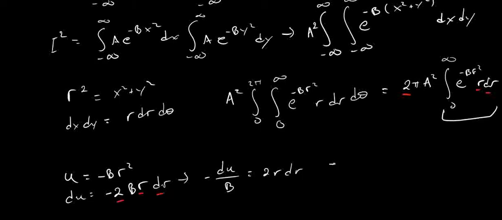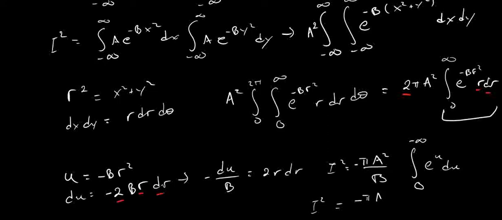So our I squared is equal to pi times a squared times, and now we have our negative divided by b, integral, when we plug 0 into this, we get 0. When we plug infinity into this, we get negative infinity, of e to the u du. This is an easy integral to evaluate.